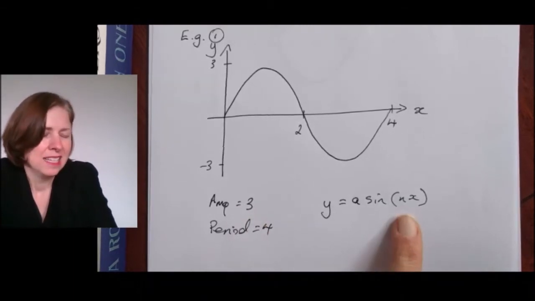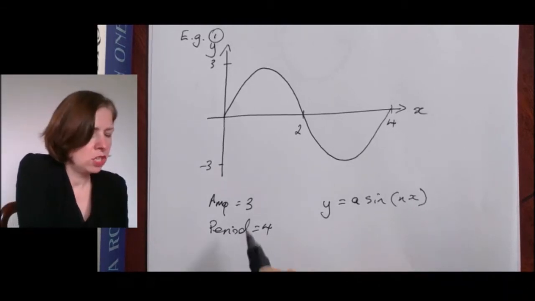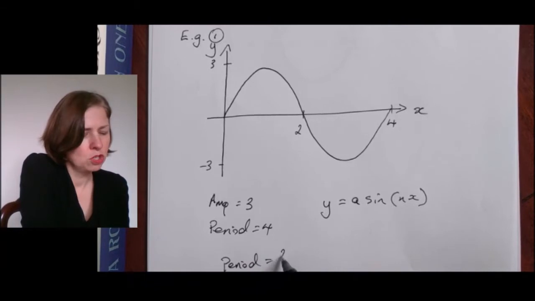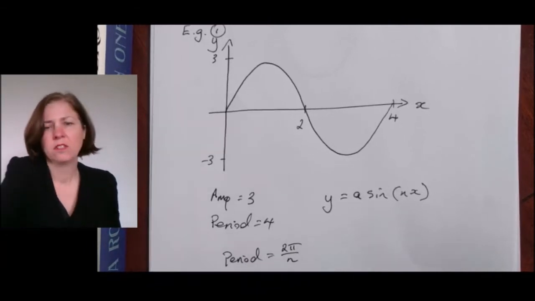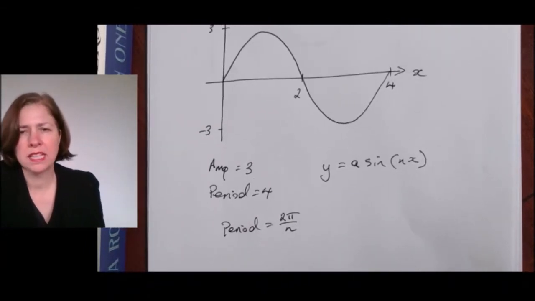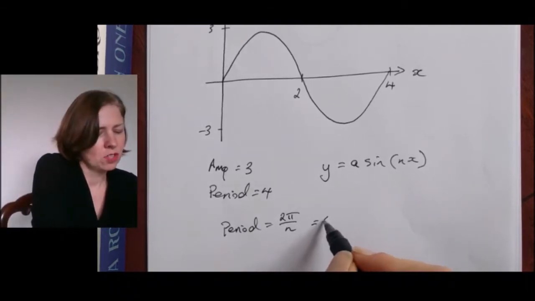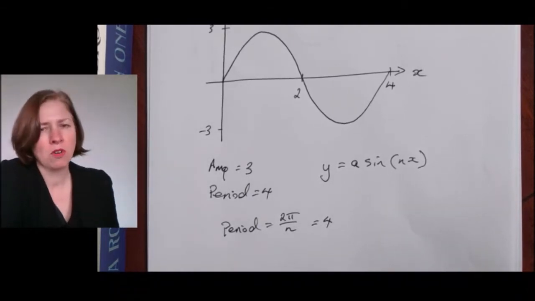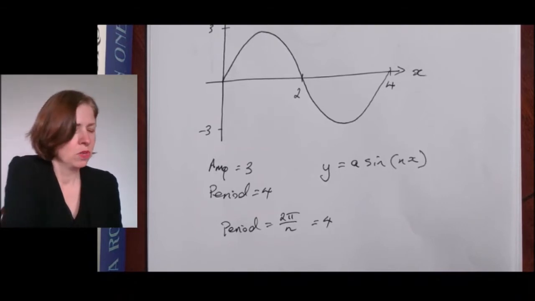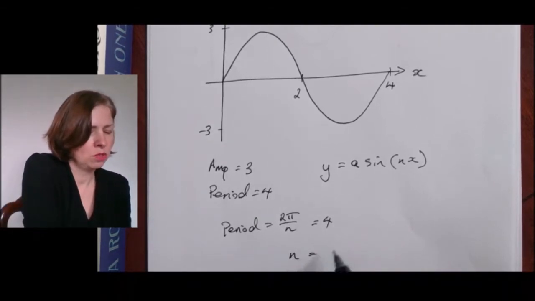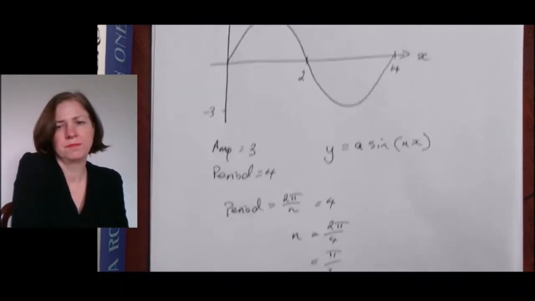For n, I'm going to use the fact that the period equals 2π on n for all sinusoidal graphs like this, and I know that equals 4. So I solve 2π on n equals 4, which gives me n equals 2π on 4, which is π on 2.